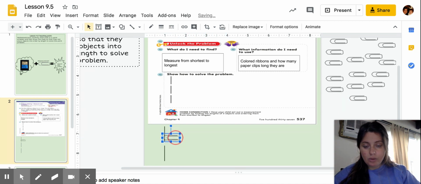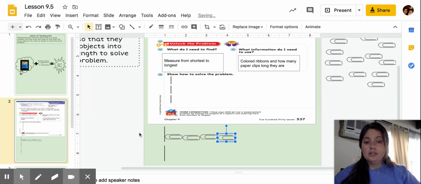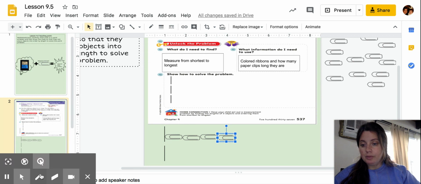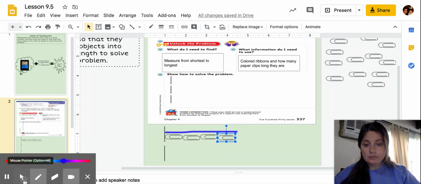So here we go. 1, 2, 3, 4. Okay, this is for my blue ribbon. So I'm going to take my blue pen and I'm going to draw it as long as my paper clips are.